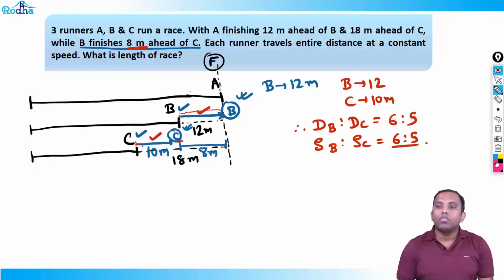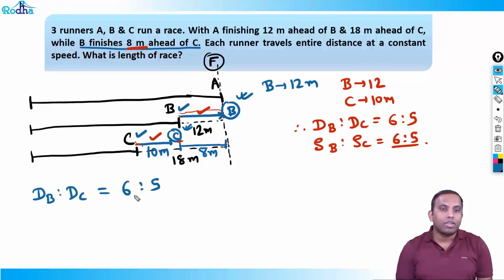Okay. Now, what's so special about solving this? We have to find the length of the race. So now I can quickly find the length of the race. Because the distance ratio of B and C is known to be 6:5, in ratio, when B has covered 6 meters, C has covered 5 meters.